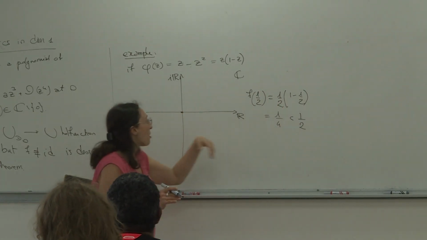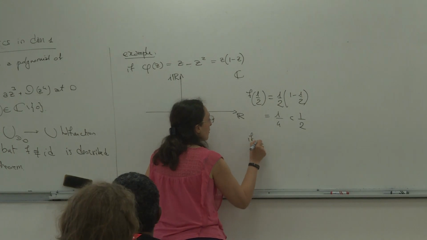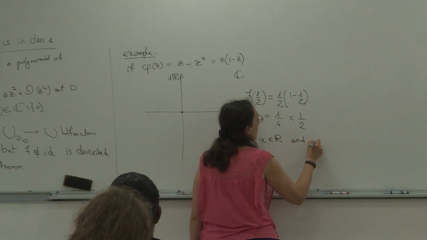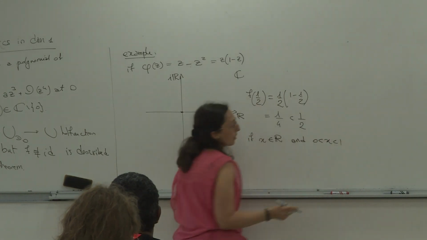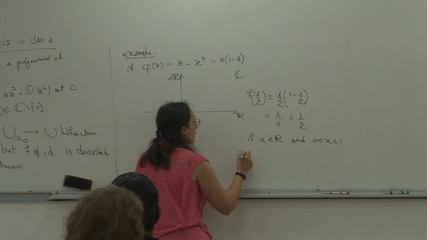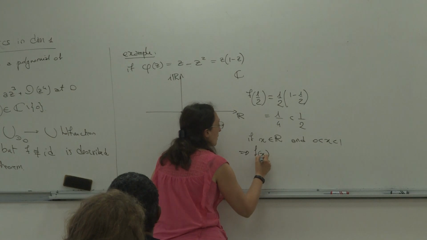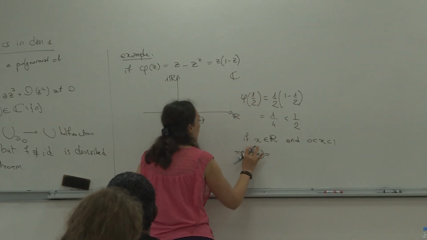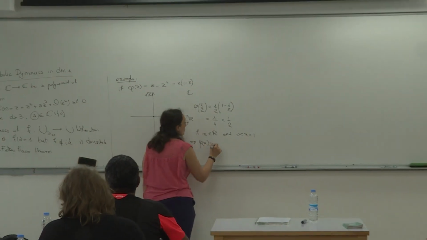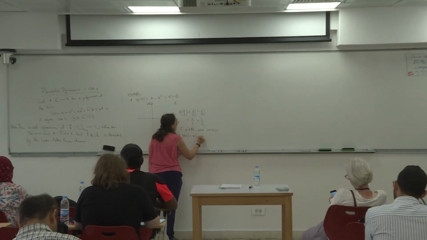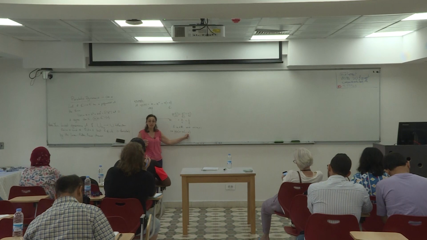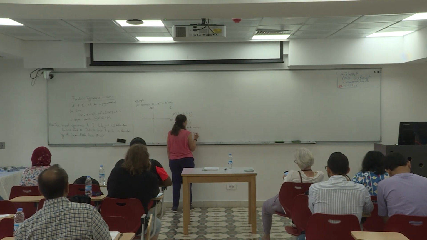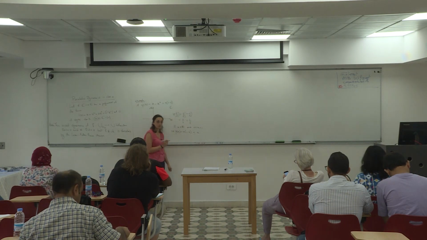But now what happens if x is real and, say, less than 1? Then phi of x is going to be x times 1 minus x. This is real. This is still real. And so it's going to be less than x.